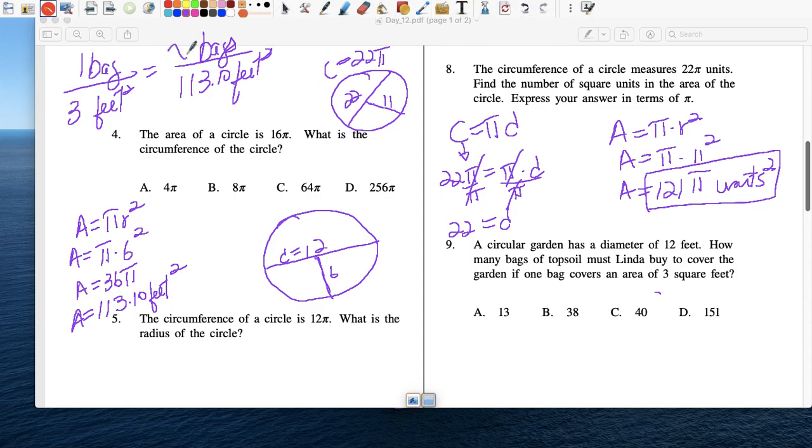You can set up your proportion and cross multiply. 3 times x is 3x, and 1 times 113.10 is just that. Divide both sides by 3. The number of bags is approximately 113.10 divided by 3, which is 37.7 bags of soil, which obviously you're going to round to 38.